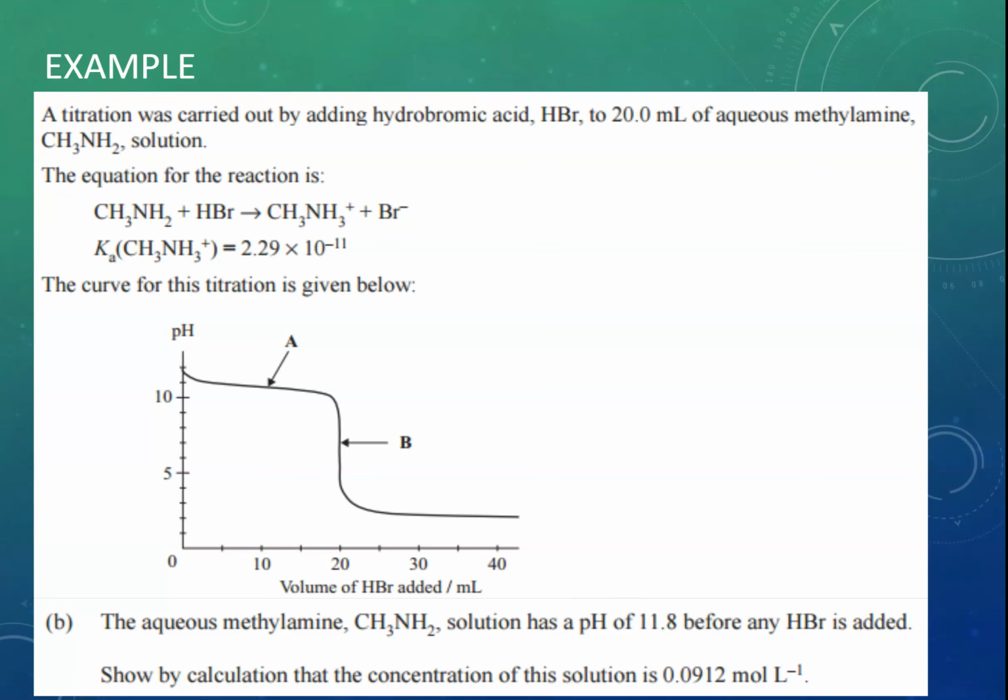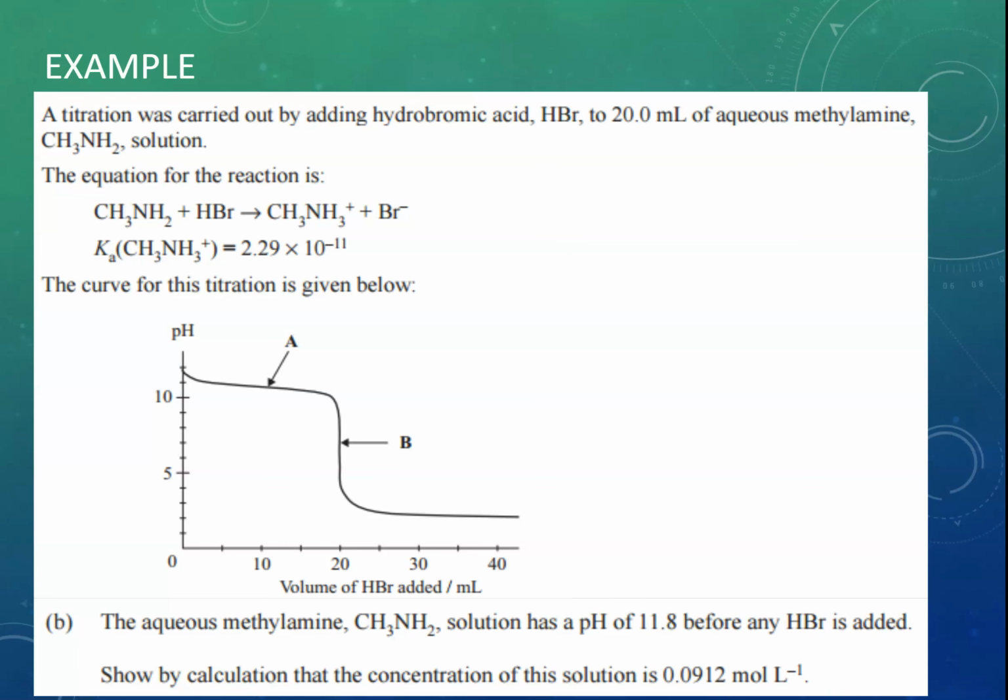We've got the Ka of methyl ammonium, not the Kb of methanamine, because they like to make things slightly tricky. There's a titration curve. And the question is simply that the solution has a pH of 11.8 at the start. This is a reverse type process, so it's proving that the concentration of that solution is 0.0912 mole per litre.